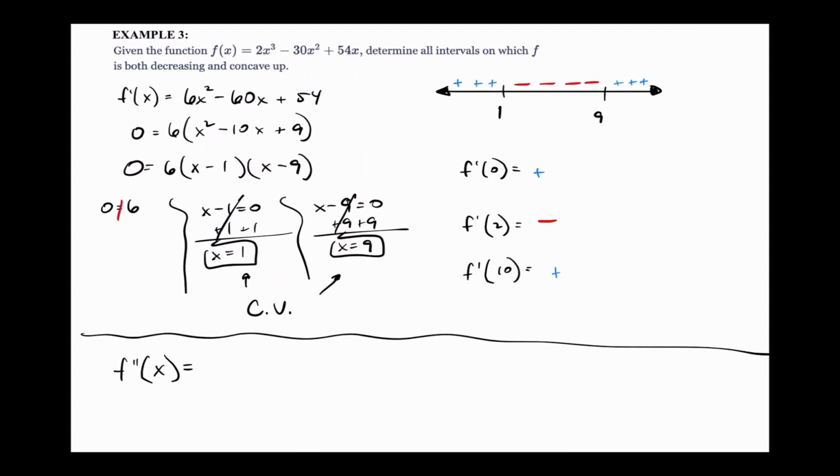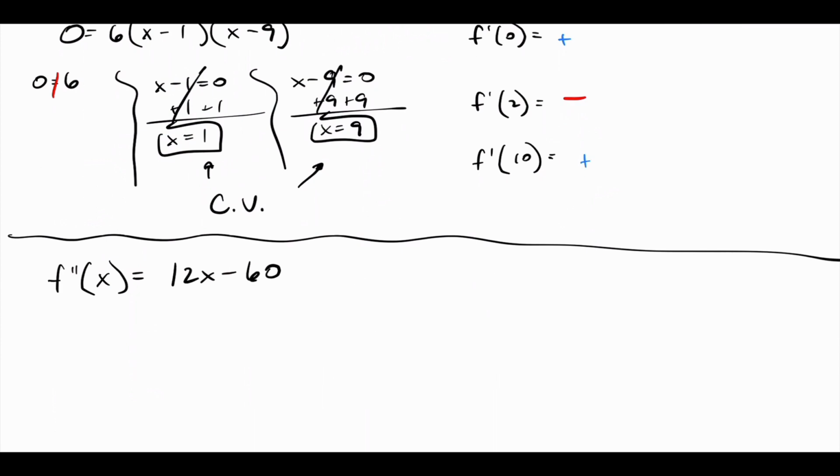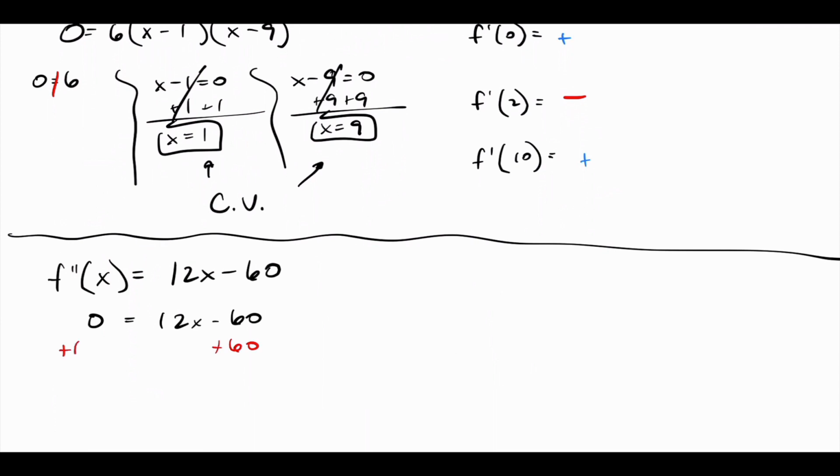So the derivative of the first derivative is going to be 12x minus 60, because I just found the derivative of this guy here. Set it equal to 0. I'm going to add 60 to both sides.